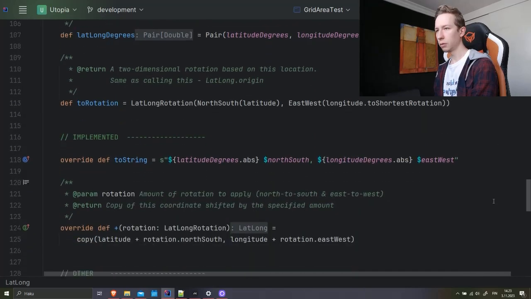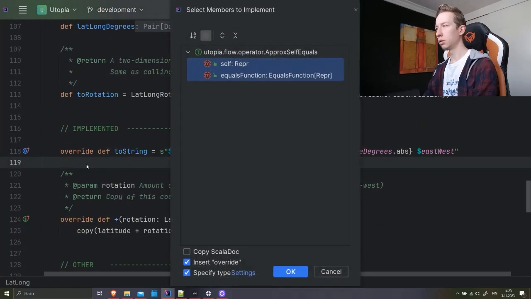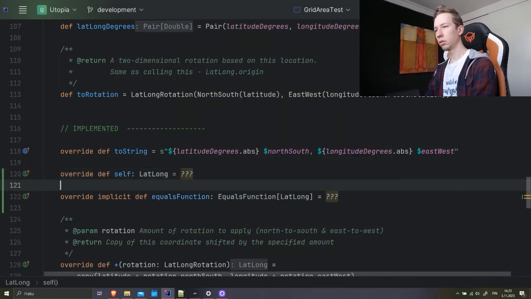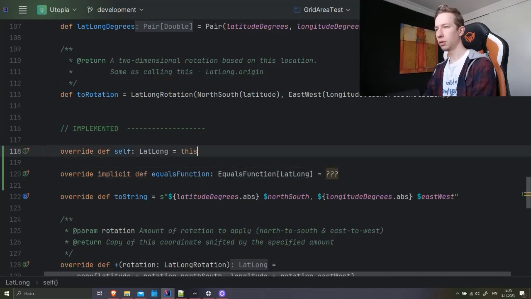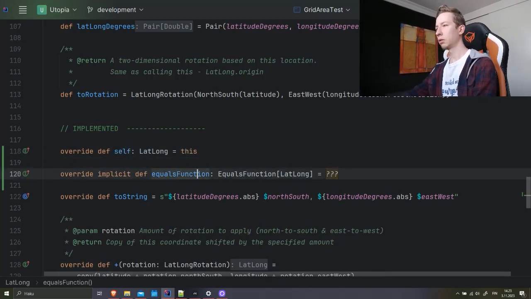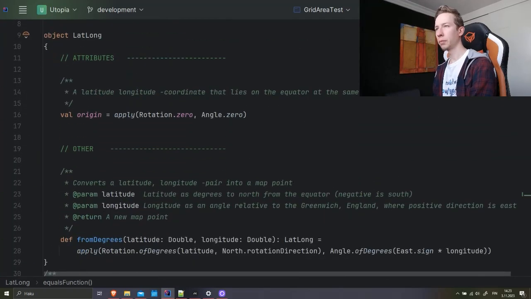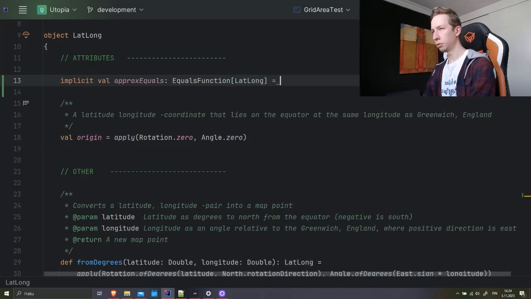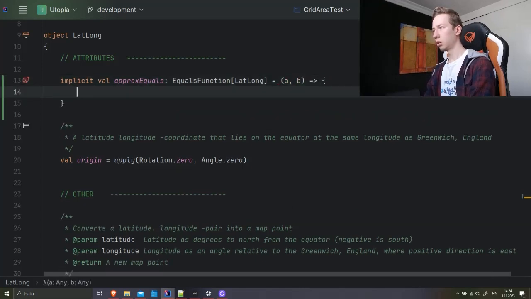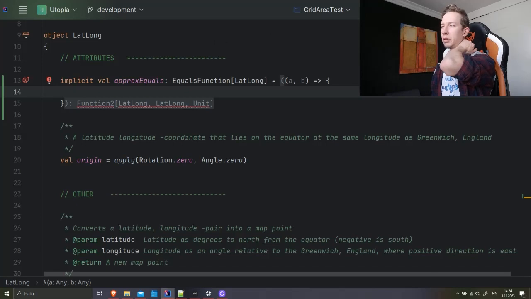But in order for that to work, we need to add these two functions. So self is this equals function that we need to add. So implicit approx equals function equals AB. And here we're just using this lambda syntax.